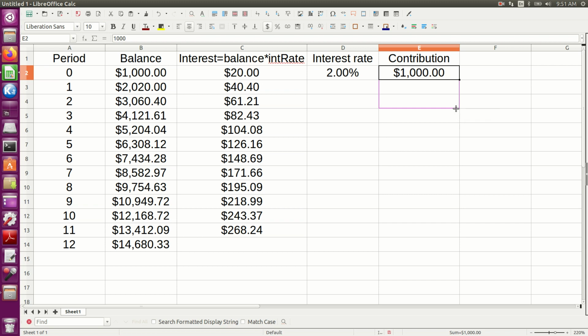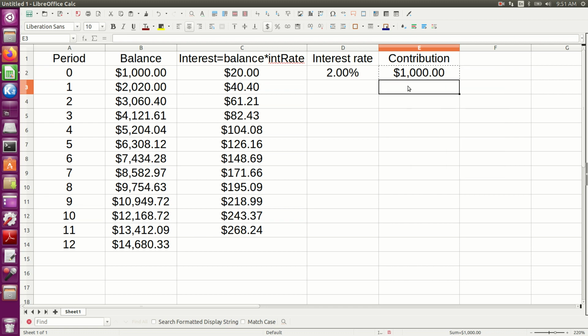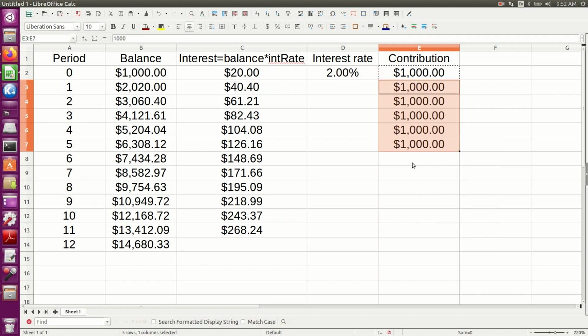Now it's interesting, this is updating 1,003, 1,000, I don't want it to do that. So since I don't want it to do that, I'm going to do a copy, and I'm just going to paste that $1,000 in here like that.